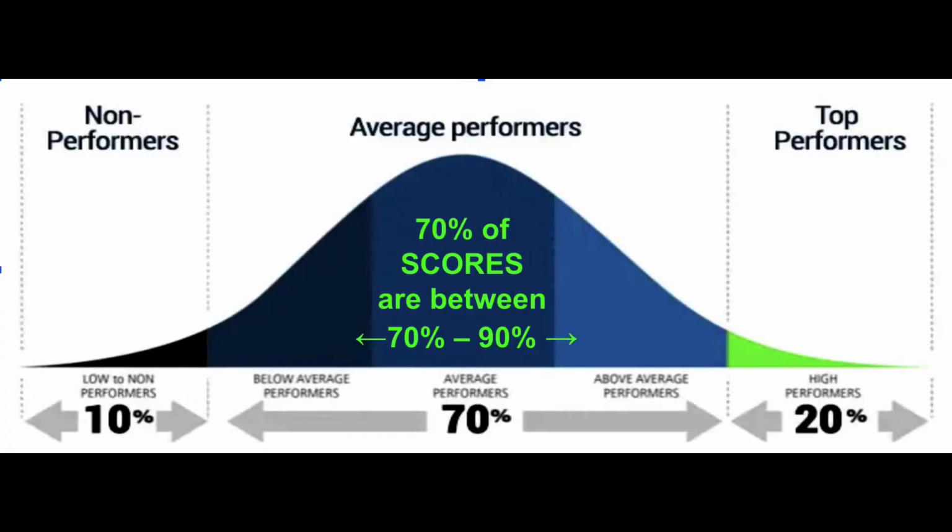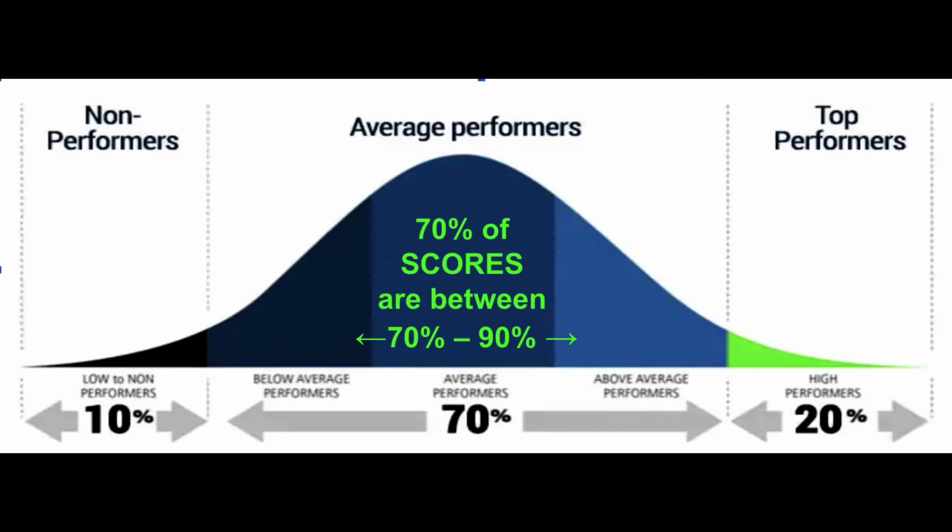For example, let's say you gave a test, okay, and you have a normal distribution of test scores, right? Most of your kids are somewhere in the middle. Some of them got like 100 or a 90. Some of them got like a 5 or a 15. But most of them are in the middle of the bell curve, right? Most are between 70 and 90.